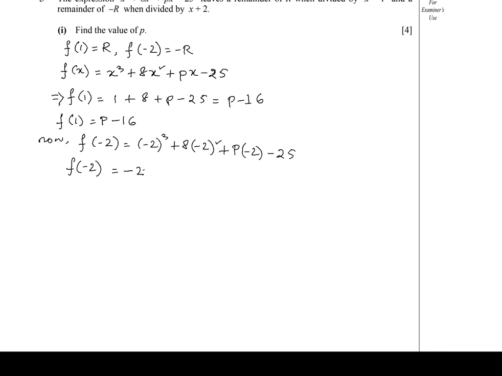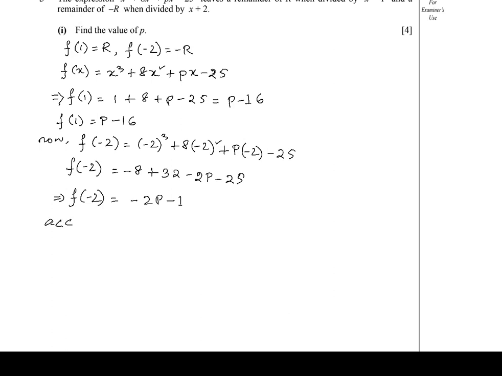It is minus 8. Let's write minus 8, then plus 32, then minus 2p minus 25. So it can be rearranged as f(-2) equals minus 2p minus 1. So we got our f(-2) as minus 2p minus 1.